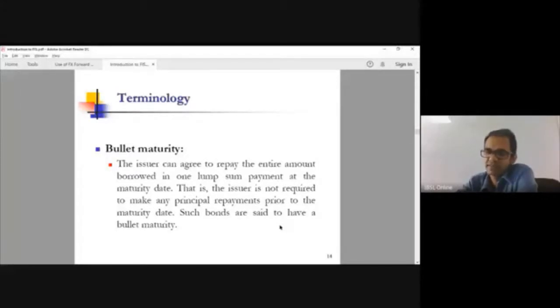Everything is specified in that document. We call it bond covenants. That's the legal document. But in general, the basic terms like maturity, face value, coupon rate, coupon frequency, and first settlement date are announced to the market.